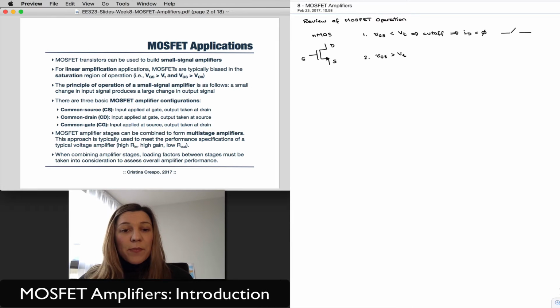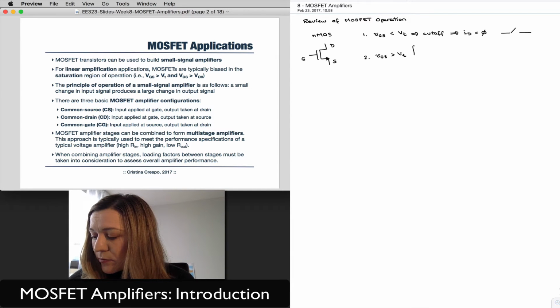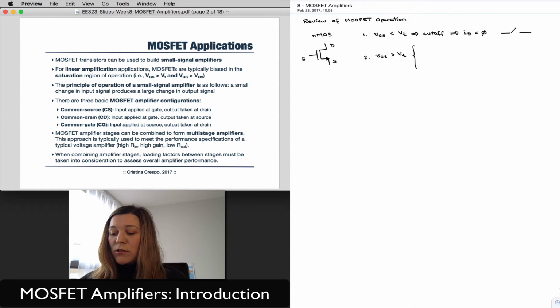And so once that happens, again, I have a channel that is induced. We say the transistor is on. It can conduct current, and how much current it conducts is governed by the condition applied at the drain, the voltage between drain and source.